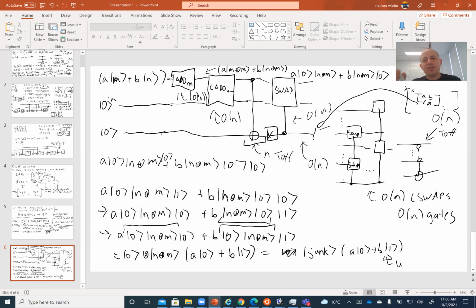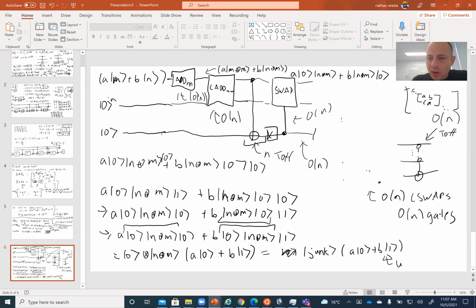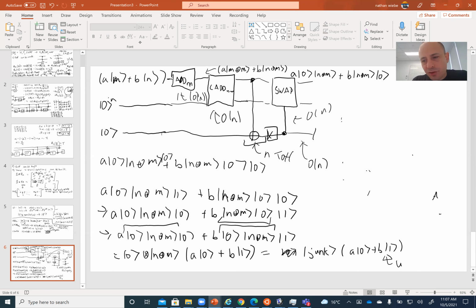Now, there's one itsy bitsy little problem with this circuit. If we wanted to apply a unitary transformation down at the bottom, this circuit will do the correct transformation to the NM space, but it's not guaranteed to do the correct transformation to other vectors.